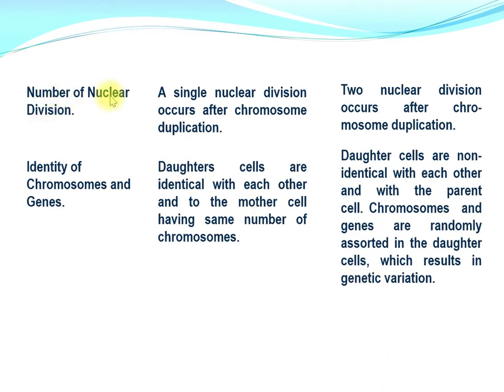After the chromosome duplicates, a single nuclear division takes place in mitosis, whereas two nuclear divisions occur in meiosis. The chromosomes, genes, and genetic constitution are identical in mitosis, whereas the genetic constitution in the daughter cells of meiosis is different from the parent cells, and the chromosomes and genes are randomly assorted in the daughter cells, which results in genetic variation.